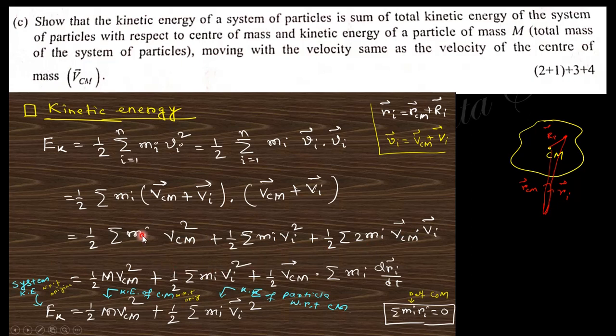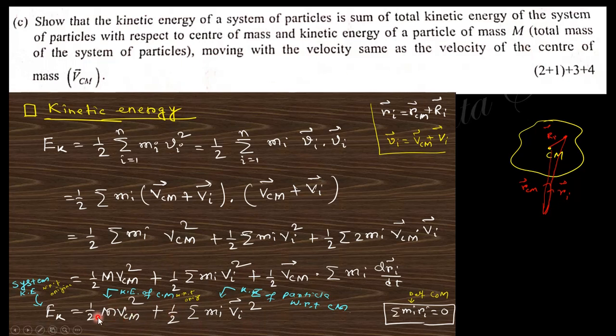And you can see this is nothing but the total mass, and there is the mass of this one, and there is a summation mi vi prime, because you know the summation of mi ri prime equals 0, so this becomes 0, and you only obtain this equation. So this kinetic energy is the sum of two parts.